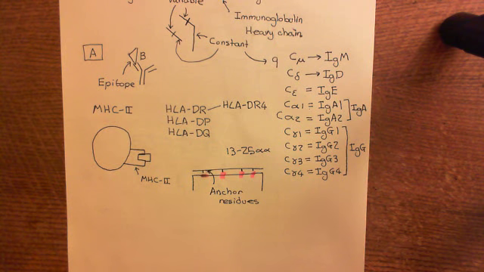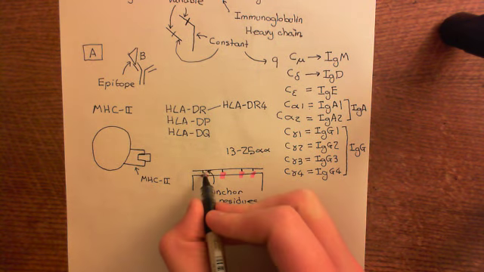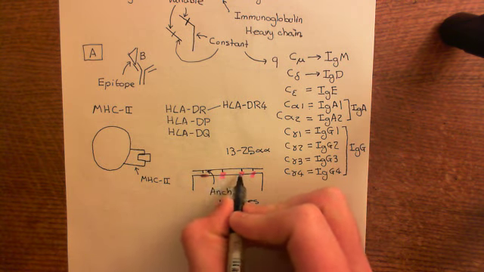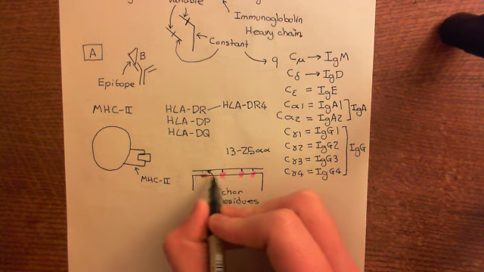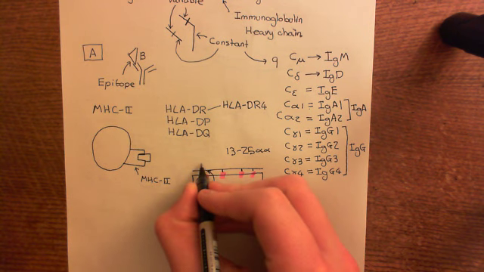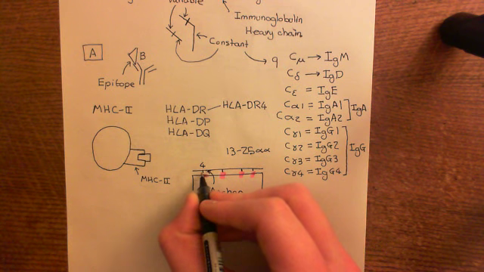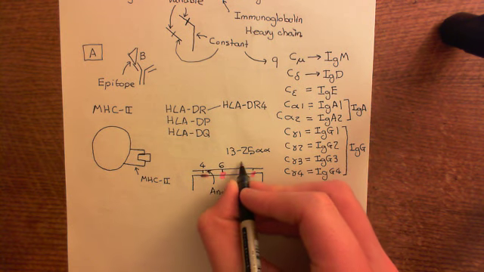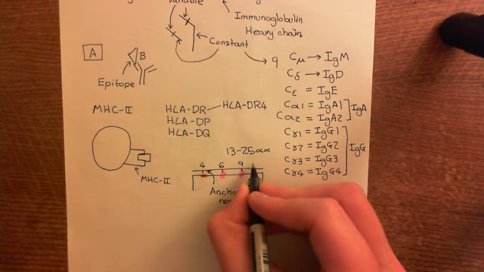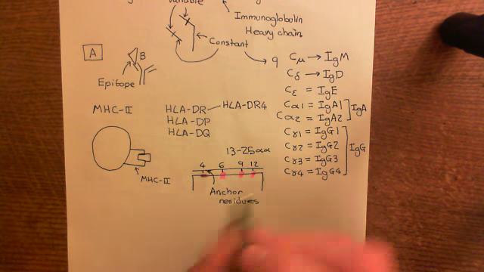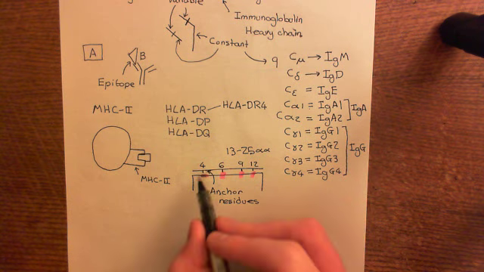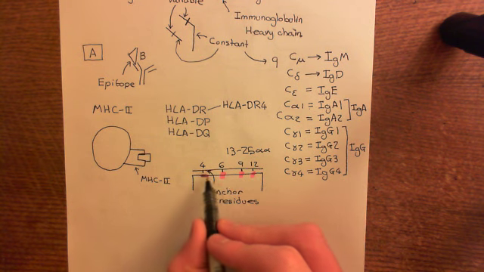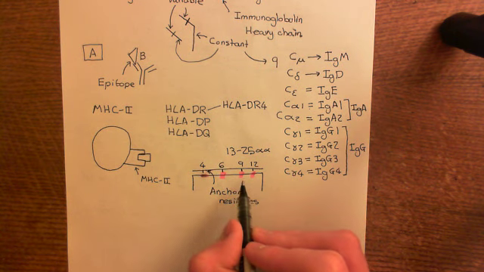Let's say in this case we have 4 anchor residues. Just to make it up, maybe you need a certain amino acid at position 4, a set amino acid at position 6, at position 9, and at position 12. If you don't have these exact amino acids there, it won't bind.